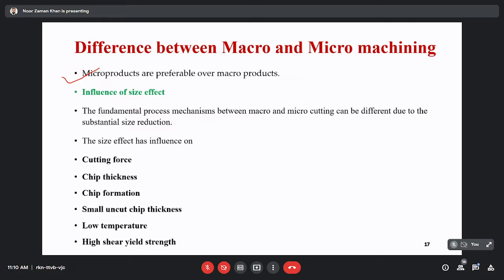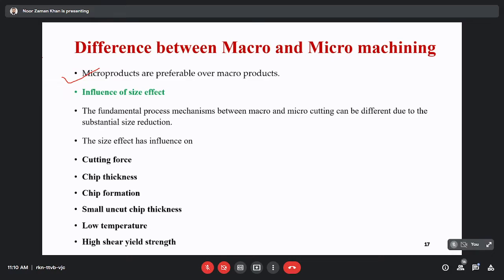Now, what is the influence of size effect? Actually, the fundamental mechanism between macro and micro cutting can be different due to substantial size reduction. If we reduce the size from macro to micro, then the process mechanism is also different. It depends upon the reduction in size.